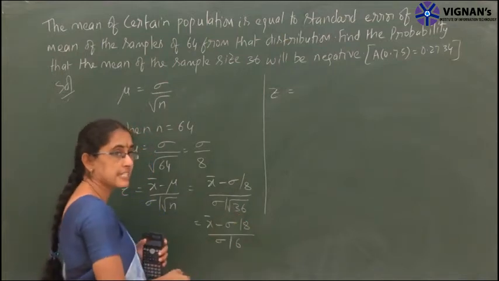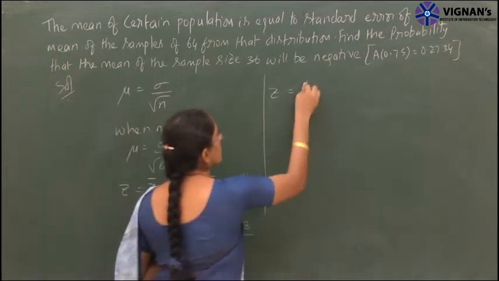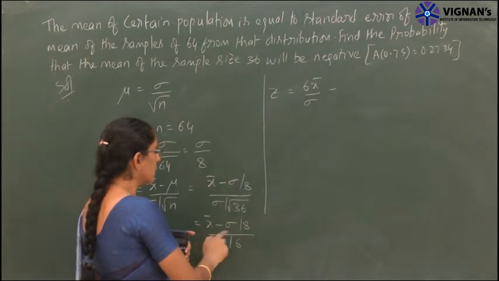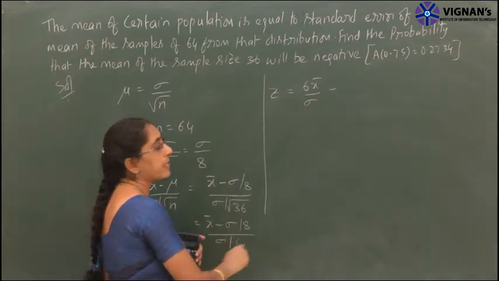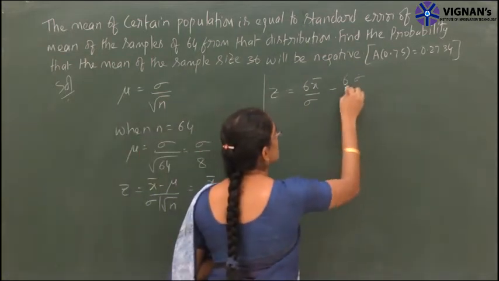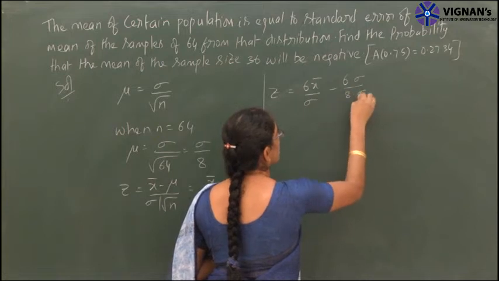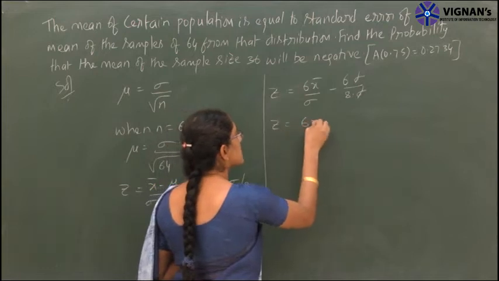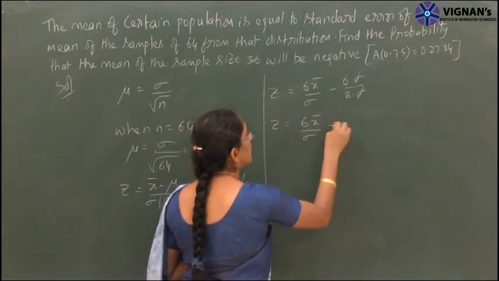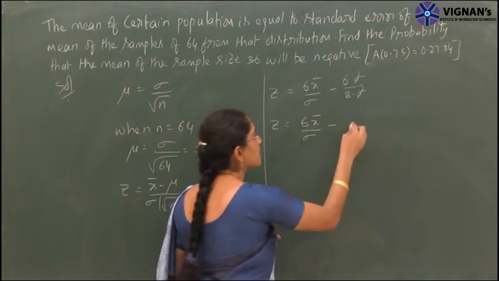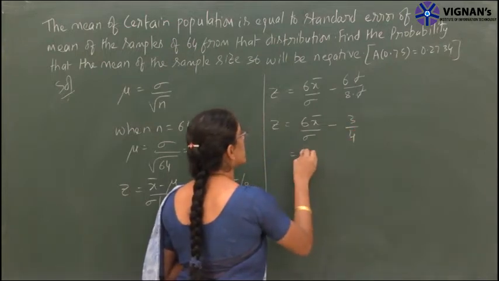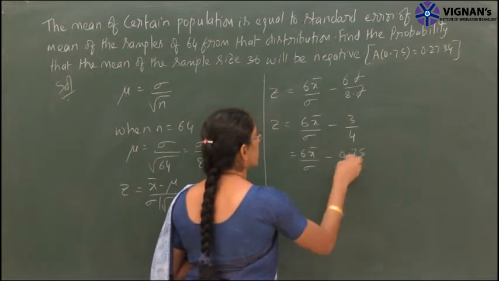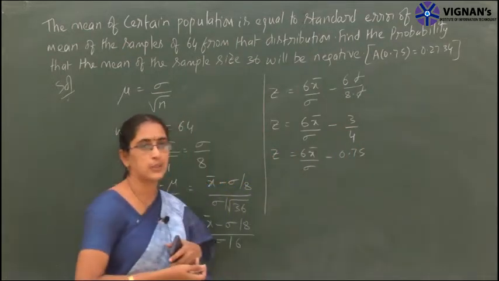The square root of 36 is 6. Now simplify this: it is 6 x bar by sigma minus 6 into sigma by 8 into sigma. So this sigma will get cancelled. Then z is 6 x bar by sigma minus 6 by 8, which simplifies to 3 by 4, or 0.75. That is your z value here.